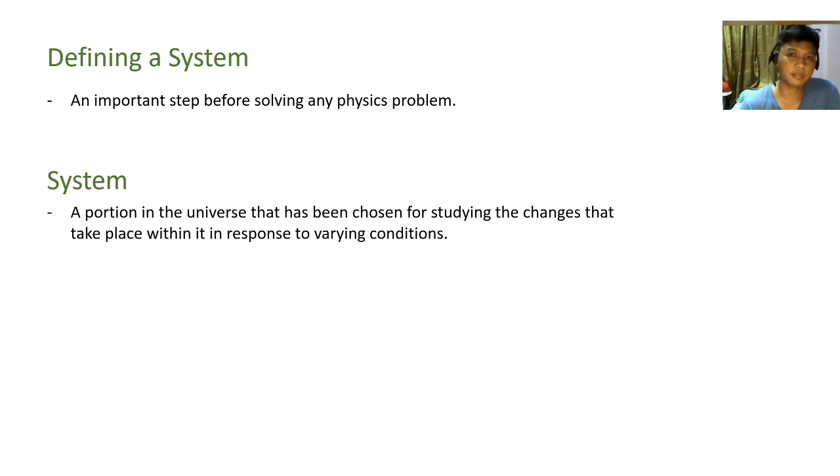You read a problem, and sometimes it's very easy to figure out what your main object is. For example, if the problem is about a car that is moving at 5 meters per second, then it seems pretty obvious that your main object is the car. But sometimes you can actually manipulate the problem so that you're choosing a system to not only include the car but also the objects around the car.